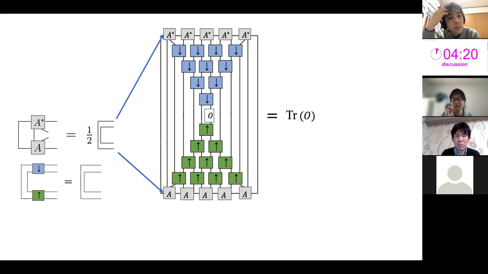So what I know is that at early time, the local density matrix looks like an infinite temperature state, but at later time, it behaves as some non-equilibrium state.